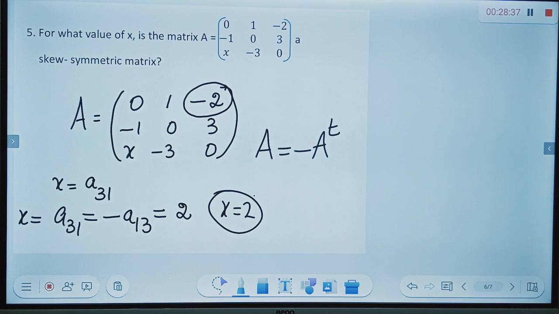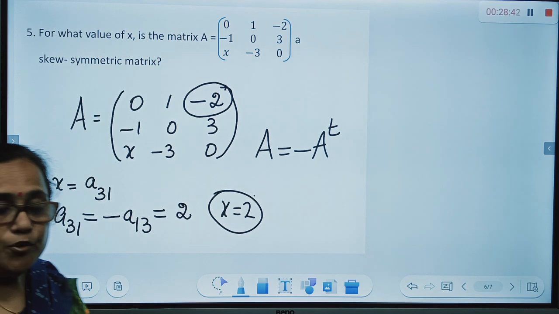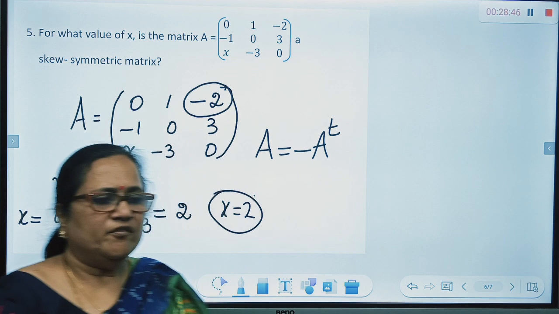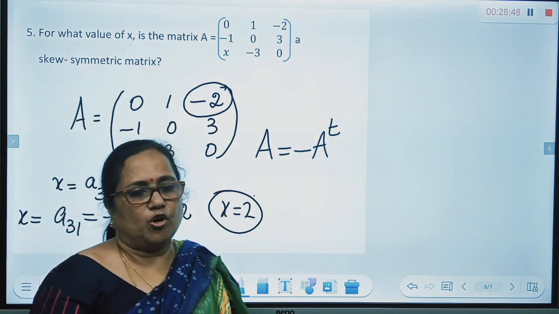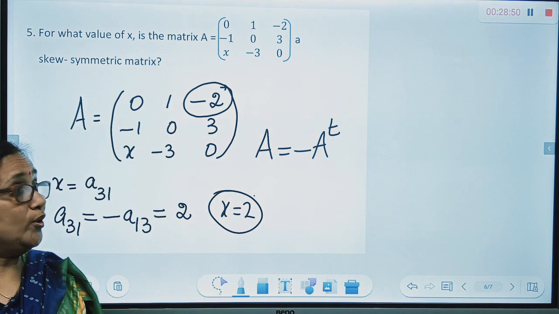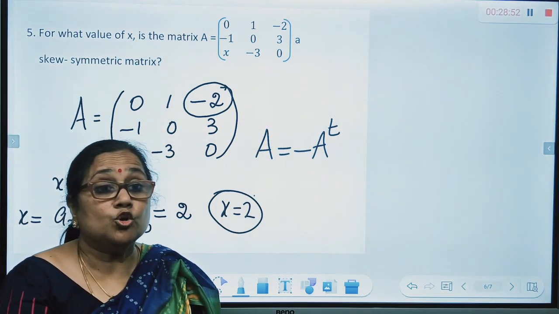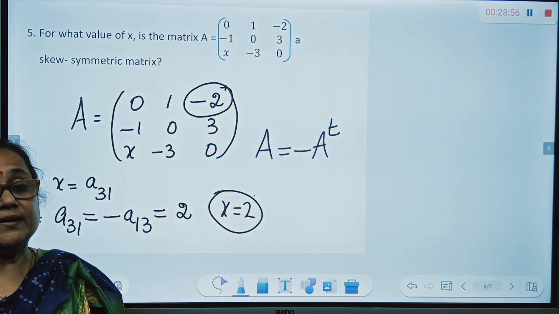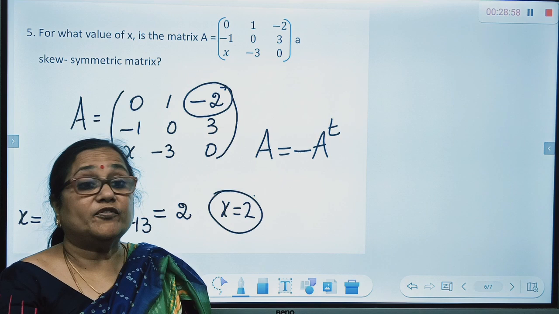So, is it clear? Are you able to follow what I have been teaching so far? I hope you enjoyed this session on symmetric and skew symmetric. We have just touched upon the topic. We have seen a few examples, like how you can make your own example of a symmetric or skew symmetric matrix, and some of the properties of transpose.